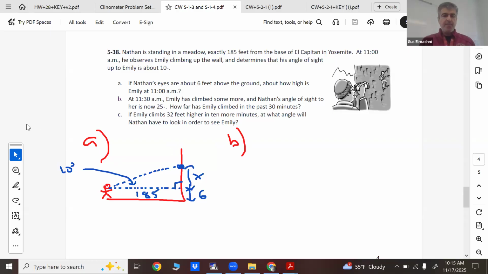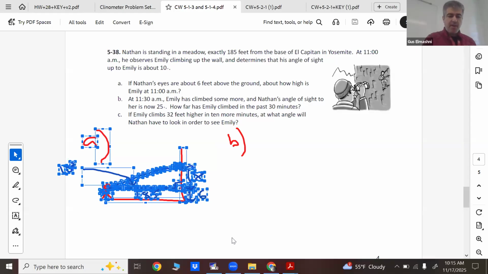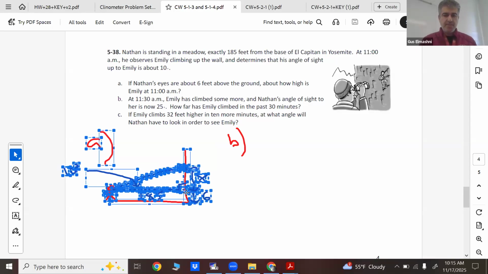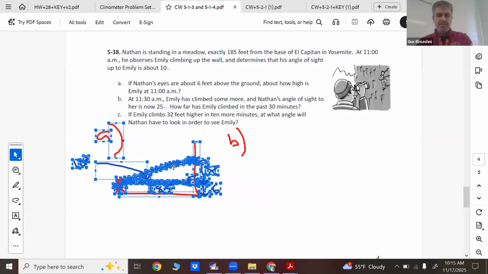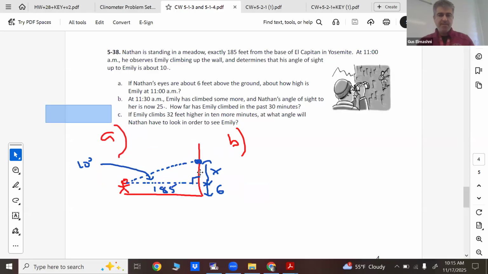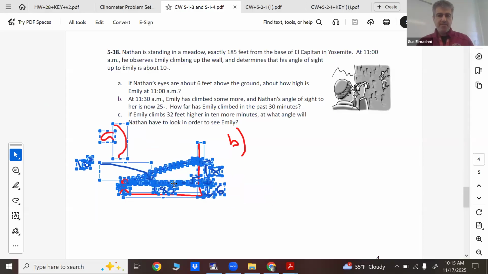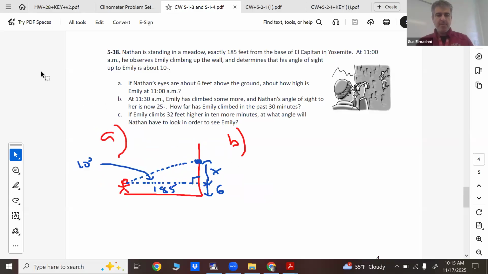So I'm going to draw it again. Beauty about Zoom is I can copy and paste, then move it. Oh, I thought I copy and pasted. Hold on. Copy, paste. What?